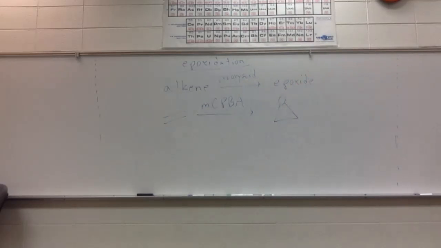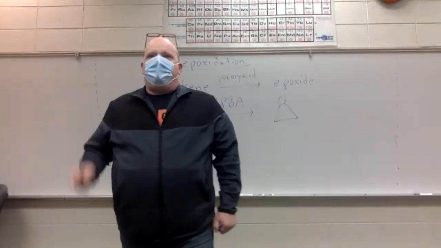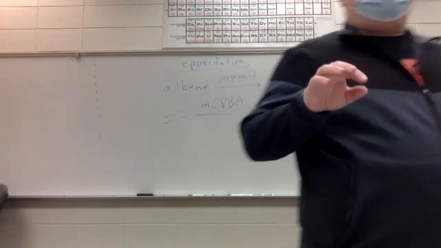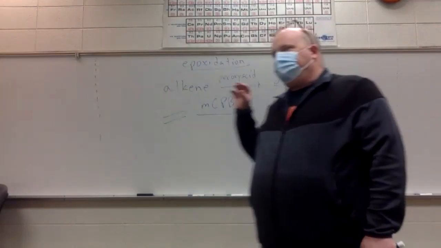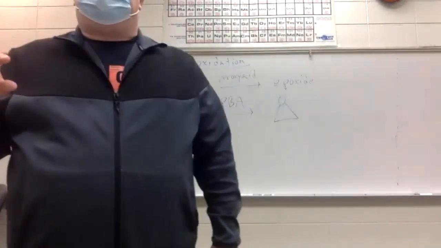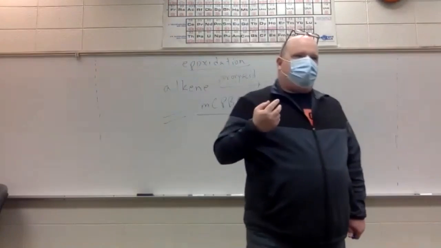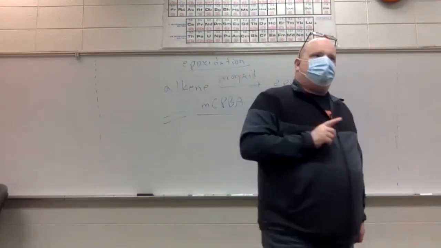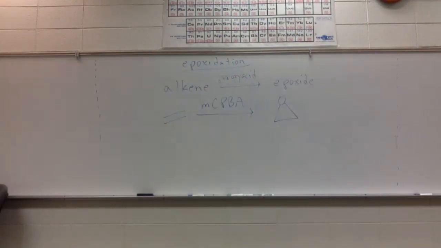All right. Now, what have I not done here? I haven't gone over the mechanism, and I'm not going to. If you want to look at the mechanism for this, you're more than welcome to. It is in your book. However, from experience, I have found a lot of these oxidation mechanisms are complex and convoluted, and even though I hate to use the M word, memorization of this actually tends to work a bit better, just for these oxidation reactions.